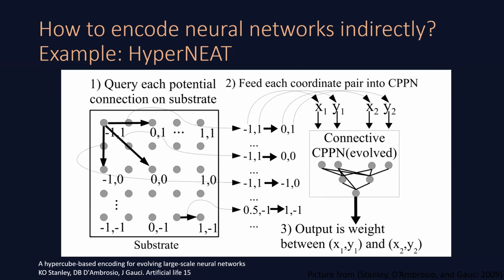And because of the way that the CPPNs are set up, we can ensure that we get some beneficial properties in our neural network, such as symmetries, regularities, and so on, that we often want to simplify the design of neural networks.